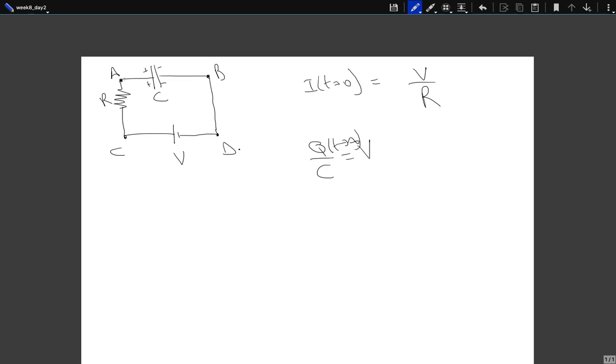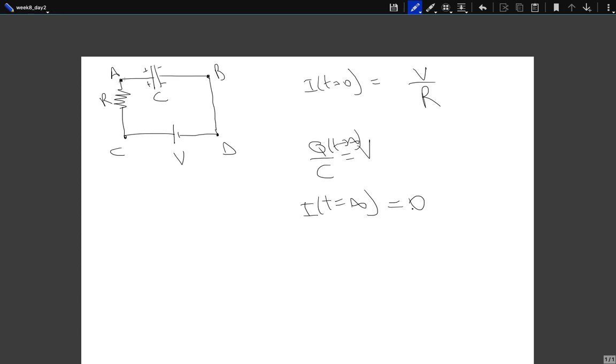All the potential change is created by the battery and the capacitor, and they are equal. If there's no potential difference across a resistor, then it just means that there's no current running through the resistor. So at t equals infinity, we don't expect any current through the battery.